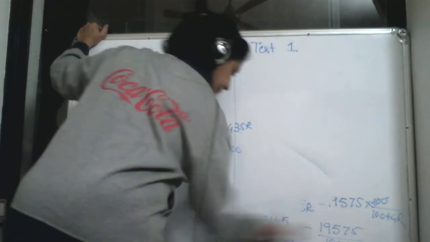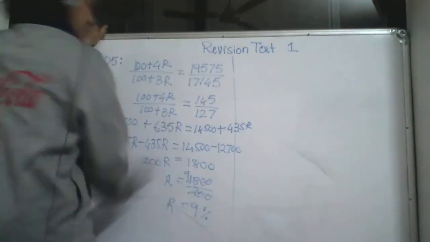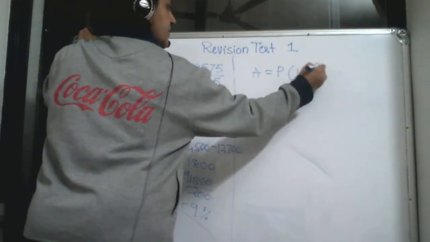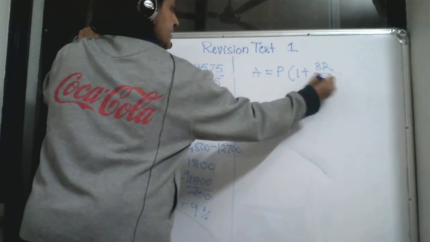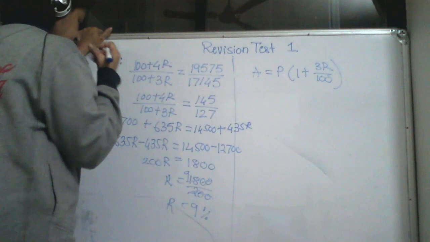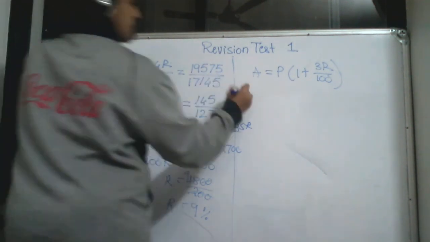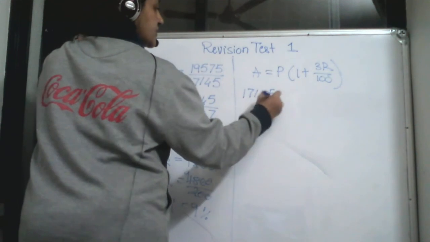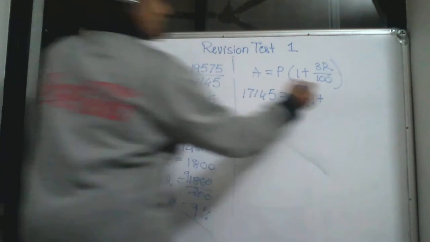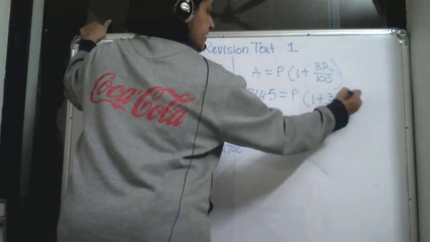Now the amount is equal to, what did we get? P into bracket 1 plus 3r upon 100, for 3 years. So what was the 3-year amount? The 3-year amount was 17145. So 17145 is equal to P into bracket 1 plus 3 into r. r is how much here? 9, upon 100.